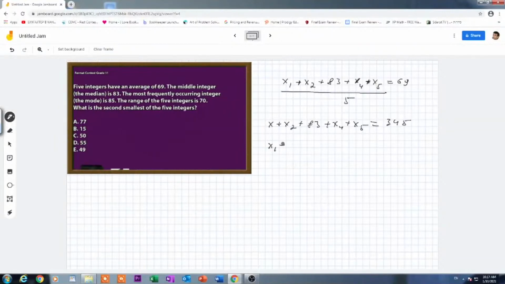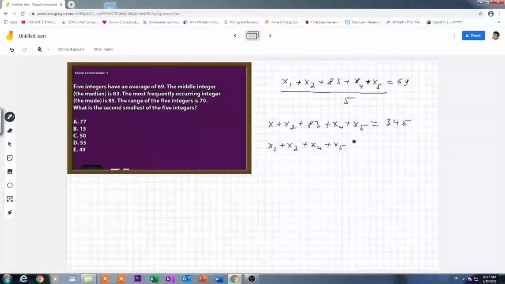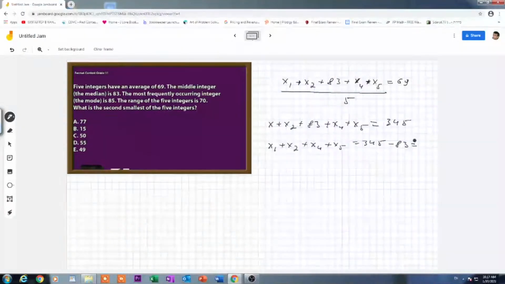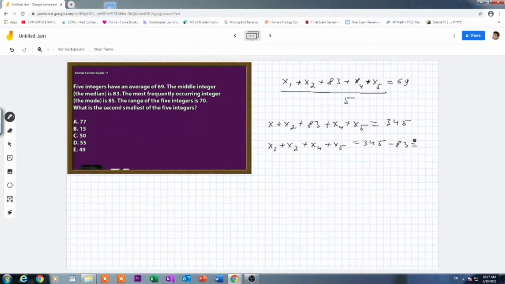Then the sum of the 4 numbers equals 345 minus 83. If we subtract, it will be 262.